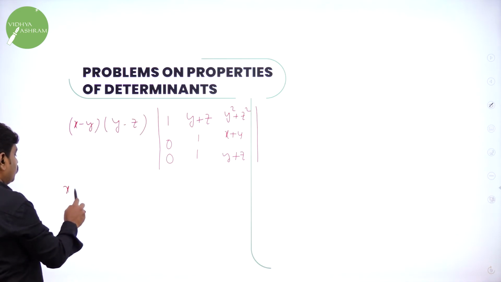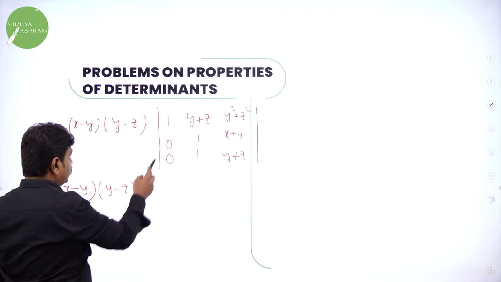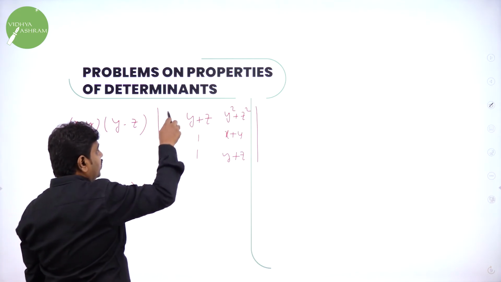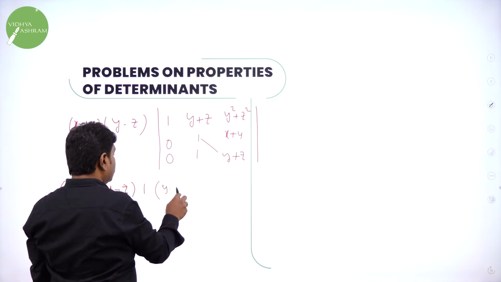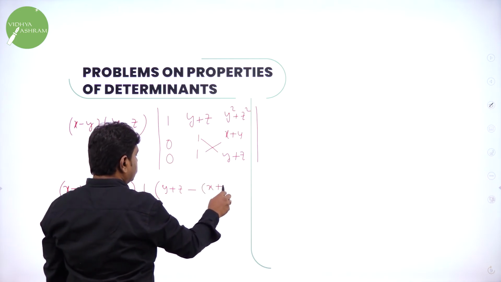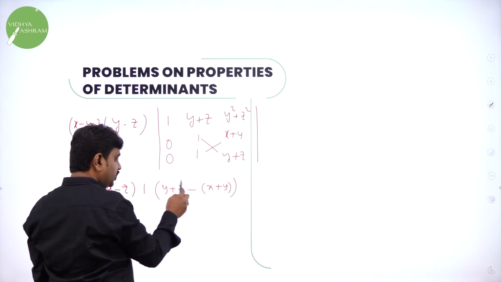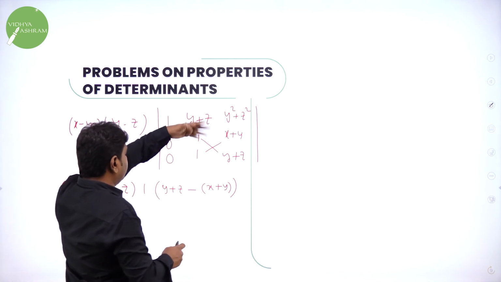So now x minus y into y minus z into the expansion: 1 into delete the row, delete the column, 1 into y plus z minus, multiply, x plus y. 1 into x plus y is x plus y, but since a minus is in between, use brackets. Everything else becomes 0.